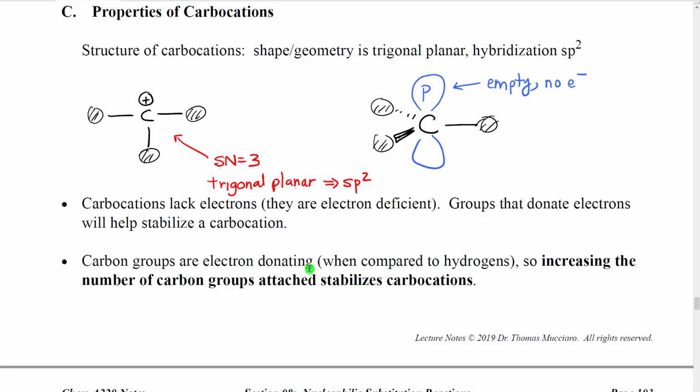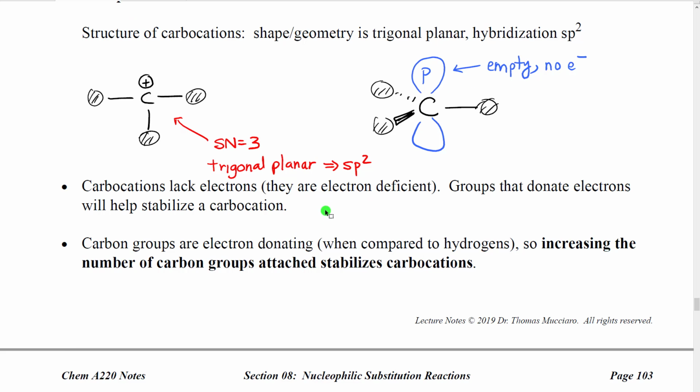It turns out that if we compare a carbon group to a hydrogen, carbon groups are more capable of donating electrons. So therefore, as we increase the number of carbon groups attached to the central carbon of the carbocation, the carbocation itself will become more stable. Its potential energy will be reduced.